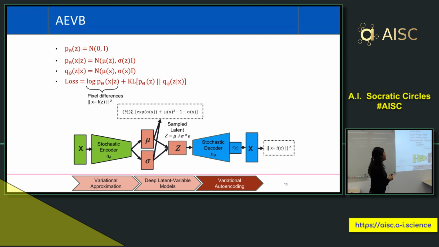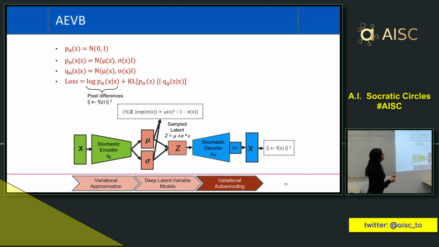It should be Q5. And then the loss is just this likelihood plus the KL divergence for the latent variables.